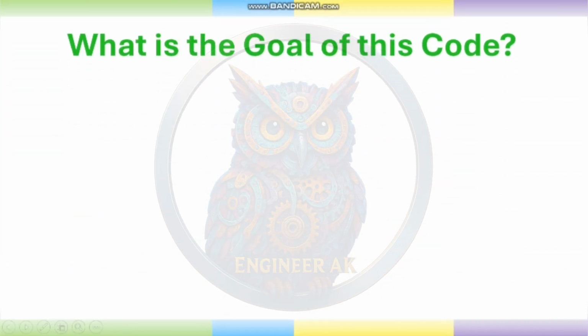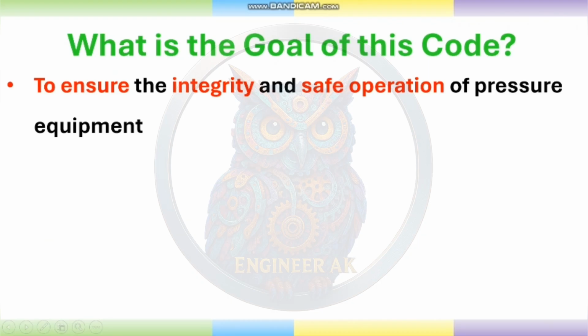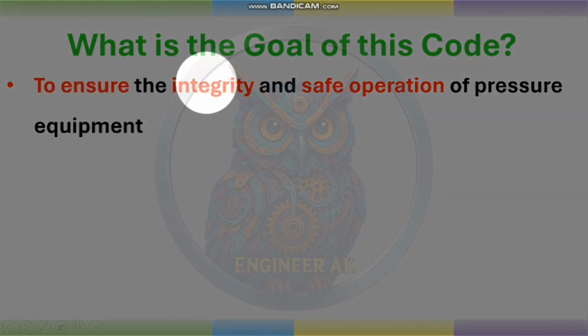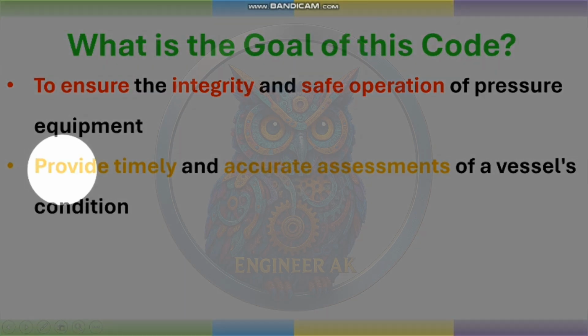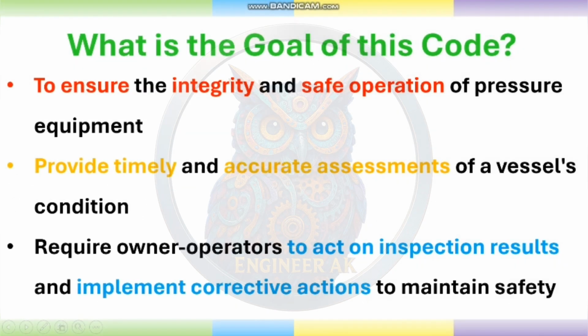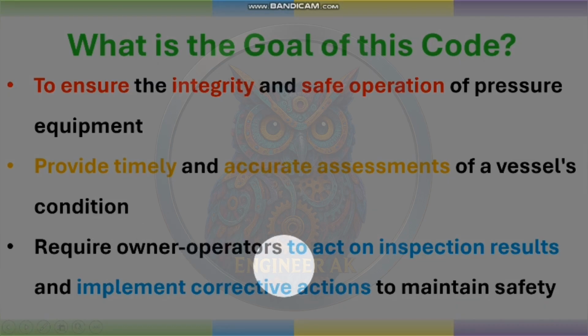Now, what is the goal of this code? Basically, the goal of this code is to ensure the integrity and safe operation of pressure vessels or pressure equipment, to provide timely and accurate assessment to prevent downtime of a vessel condition, and lastly, if there is any problem in the vessel, the owner operator or the company should take immediate action, right?